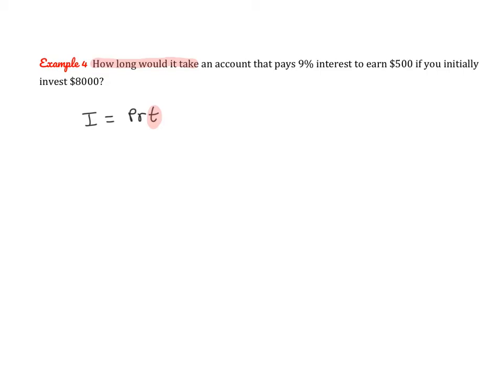So the information we're given, we know that the interest rate was 9%, so R equals 0.09. It says to earn $500, so that was the interest we earned. So that's I. And you initially invested $8,000, so that's P, our principal. So let's plug in what we know.